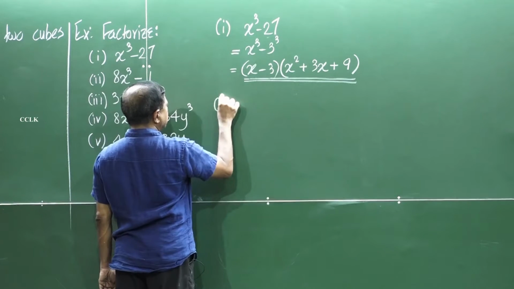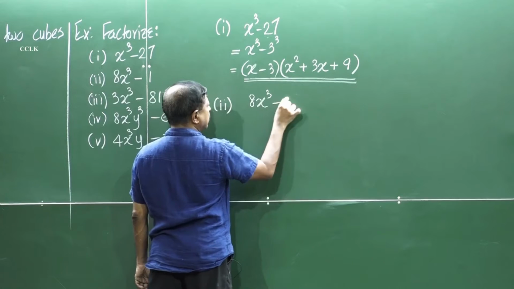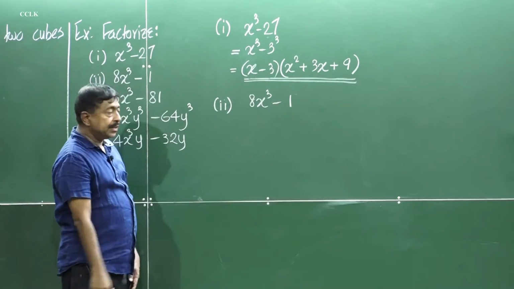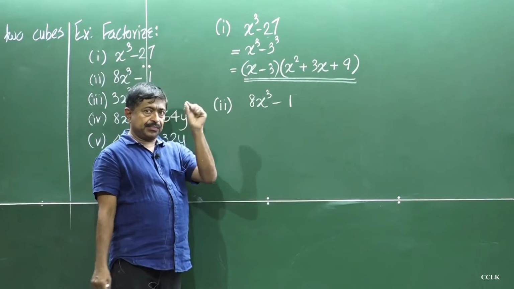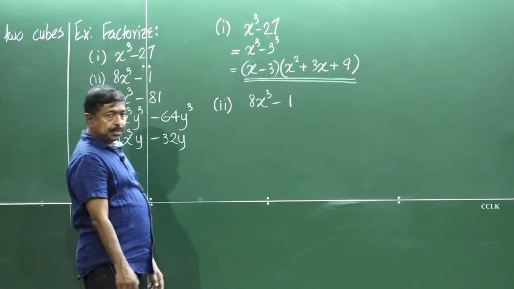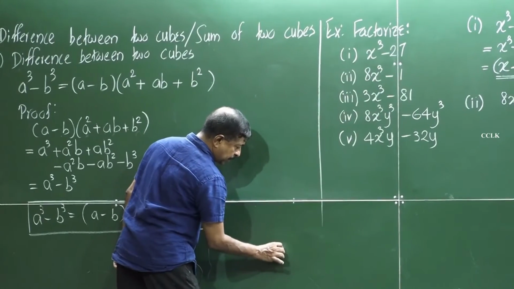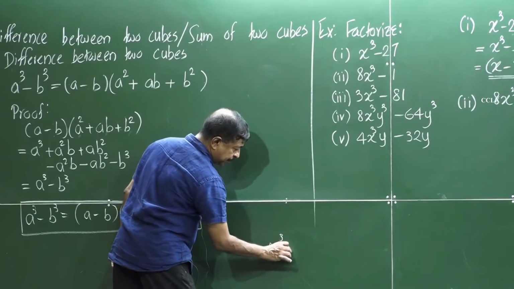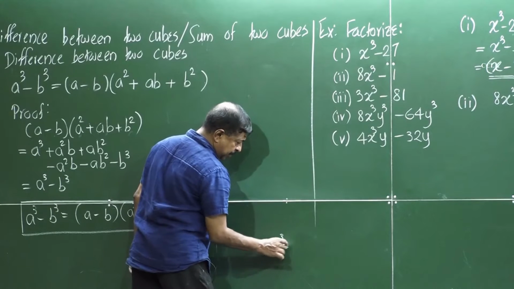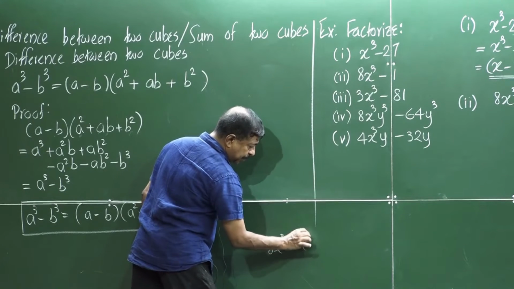Second, now in this case, 8x cube minus 1. How do you deal with this? Now using the rules of indices, like if you have 8x cube, let me show you. 8x cube can be taken as 2 cube x cube.